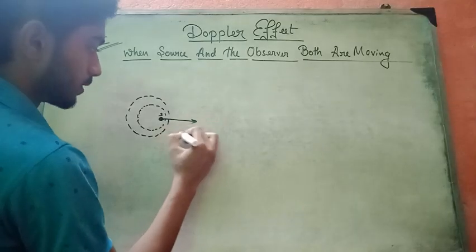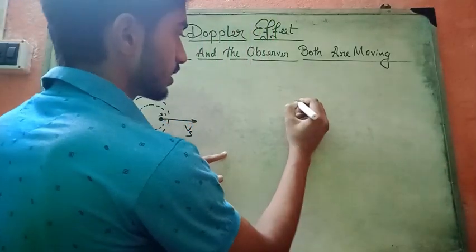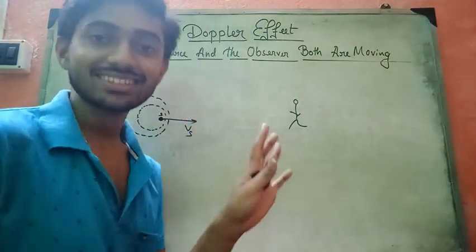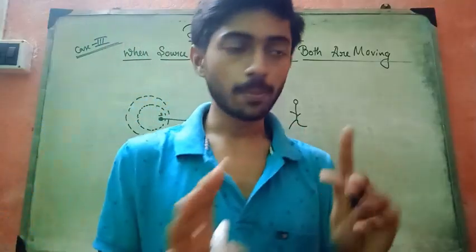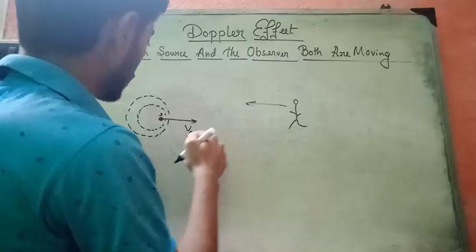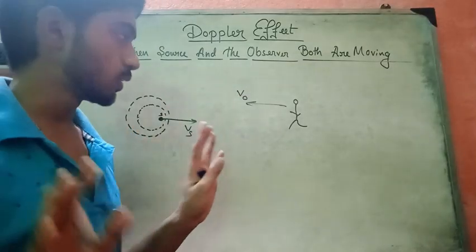Its velocity is Vs. And here this is again our observer, which is moving towards the source with some velocity v naught.